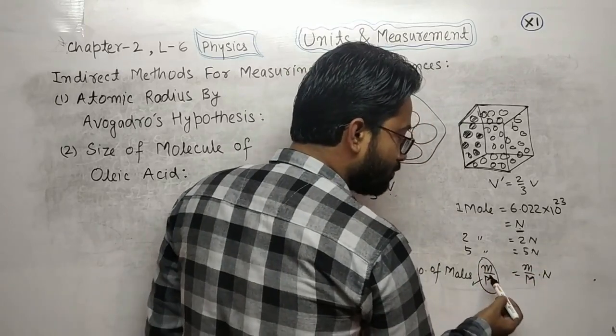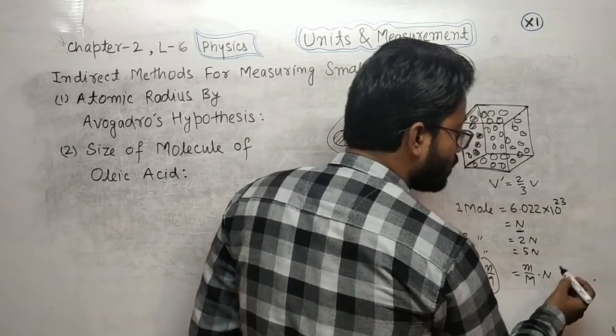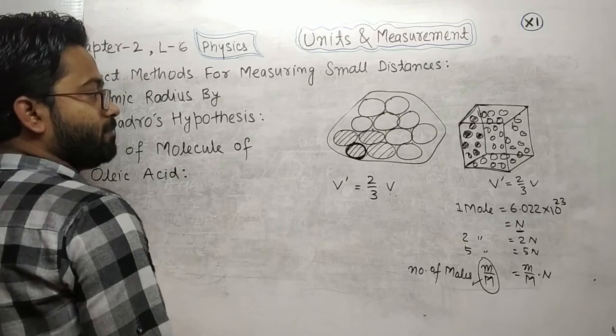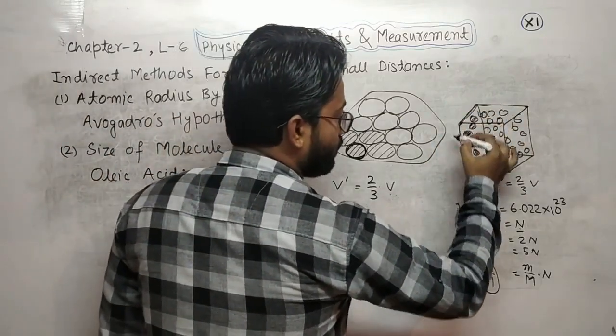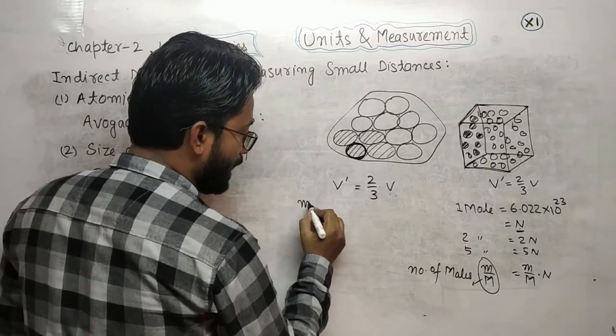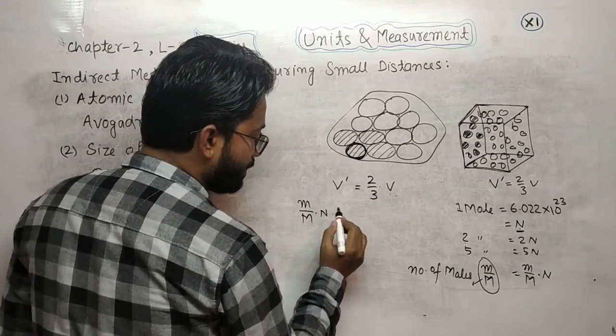That's why m by M moles contain m by M times N molecules.